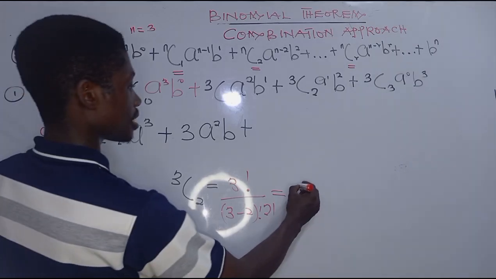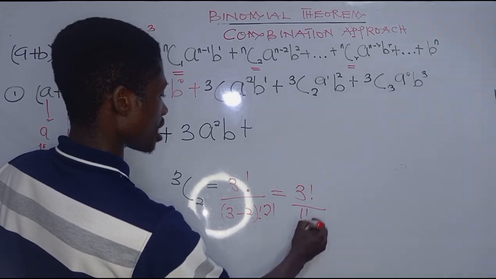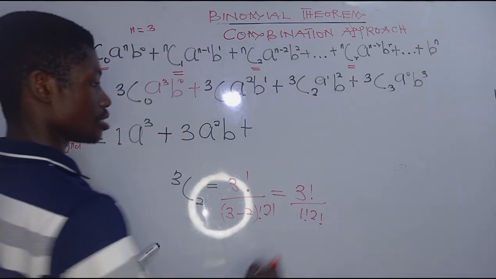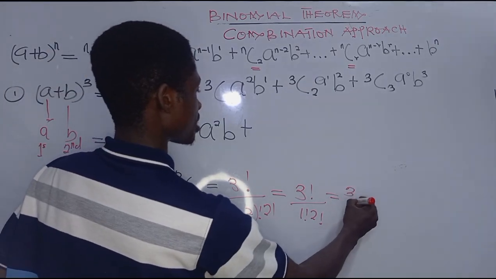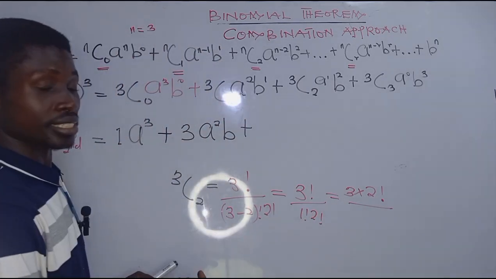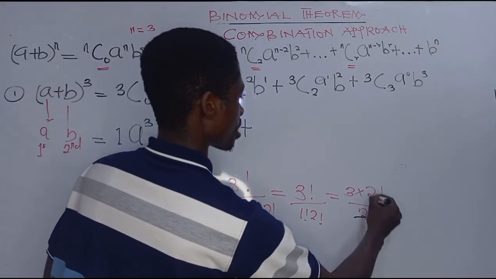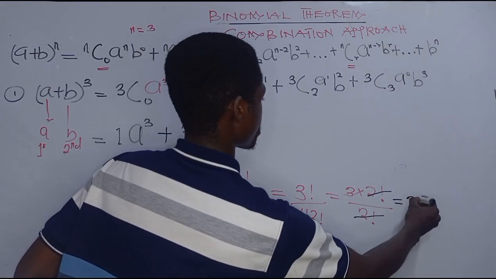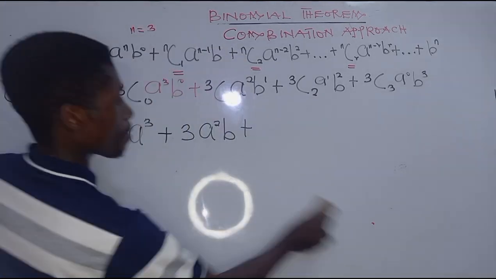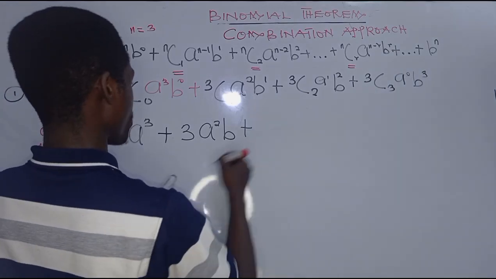So we have 3 factorial all over 1 factorial, and then 2 factorial. We can write 3 factorial as 3 times 2 factorial, and 1 factorial is still 1. So 2 factorial will cancel 2 factorial. We are left with 3. As easy as A, B, C, D. So 3 combination 2 gives you 3.